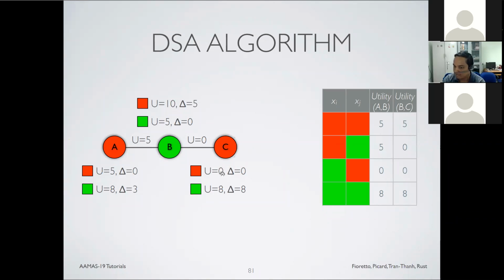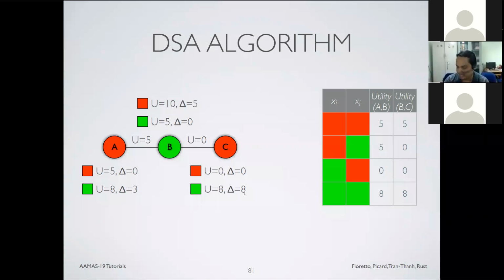But instead of red, if we choose green, so red, green 5, and green, green 8. So 8 and 5, 13. So the improvement is 13 minus 5. It should be 8. Yeah, it is already 8.